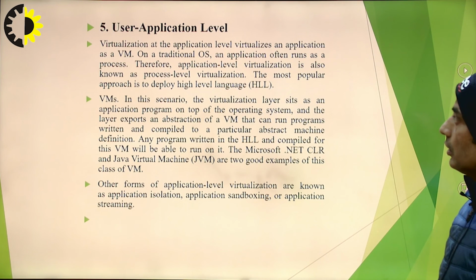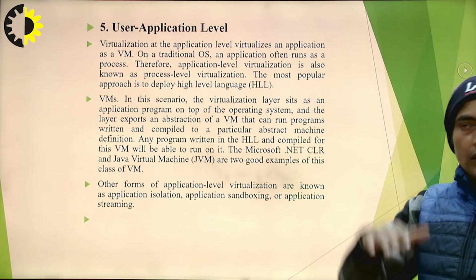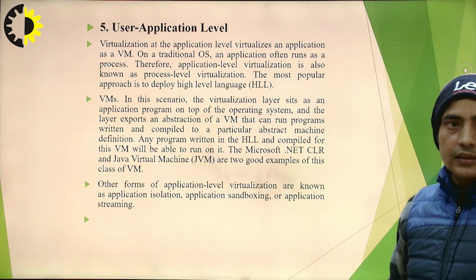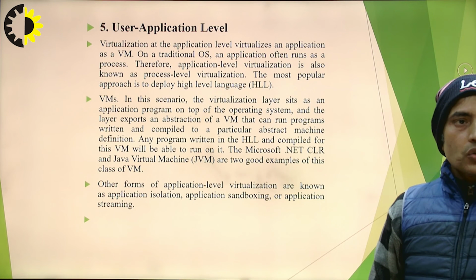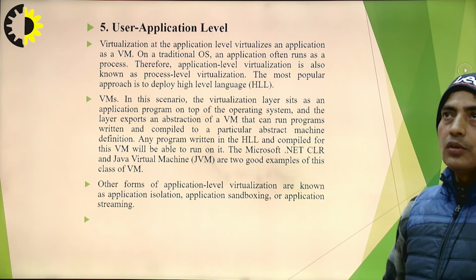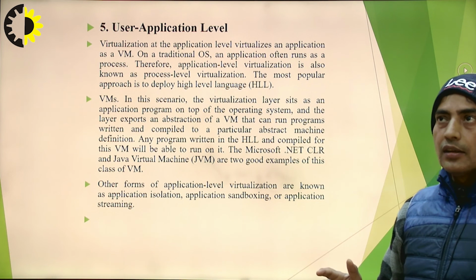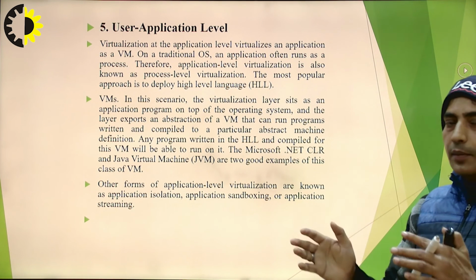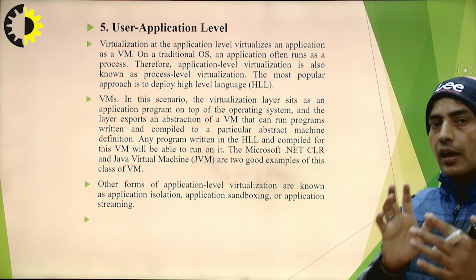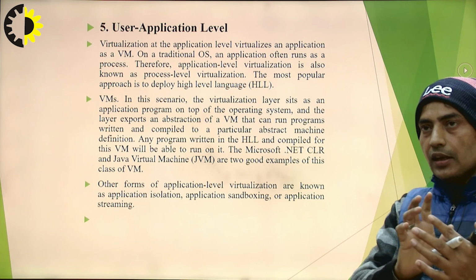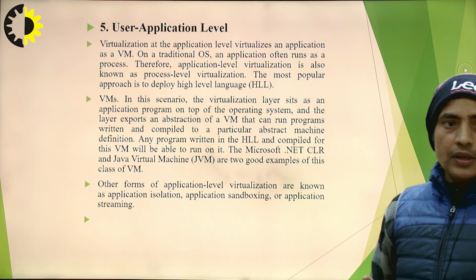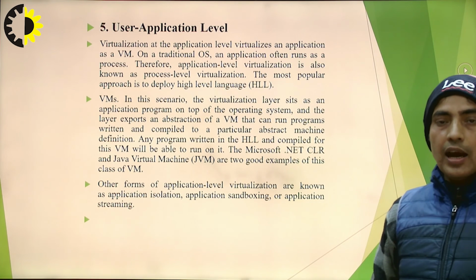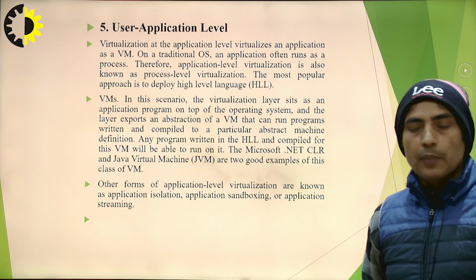On top of all these stacks there is the user application level. User application level virtualization is the technique by which you can run an application in isolation, for example application isolation, application sandboxing, or application streaming.